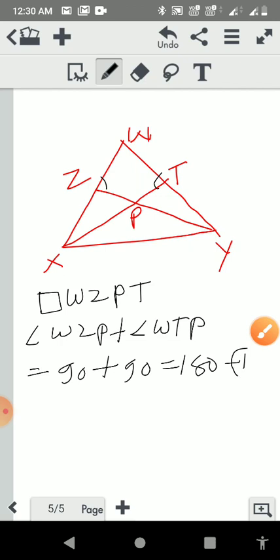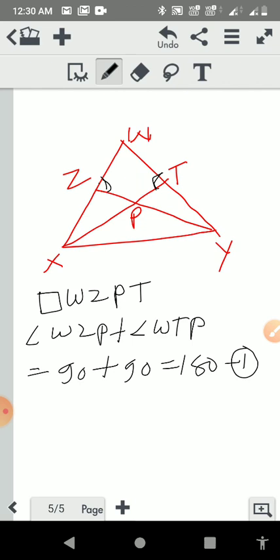So this is equation number 1. Why is it 90 degrees? Because the altitudes YZ and XT are given here, and an altitude cuts the line creating a 90 degree angle, isn't it? So these two angles are 90 degrees respectively, so it becomes 180. So I am giving this as equation number 1.